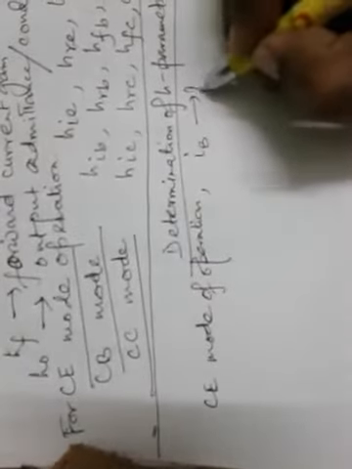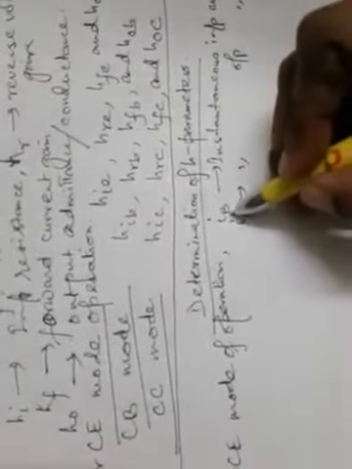Now when a transistor is operated in the common emitter mode, the instantaneous total values for input and output currents are respectively iB, which is the instantaneous input current value, and iC, which is the instantaneous output current value.